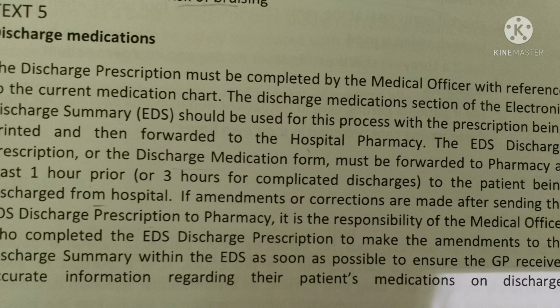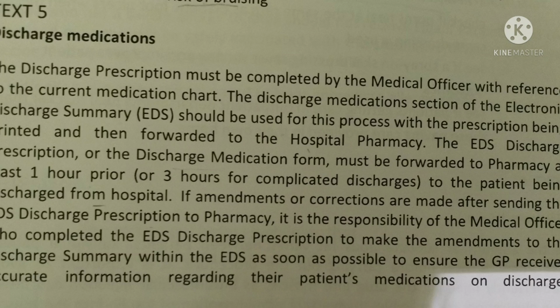Discharge medications. We have to see the heading first. The discharge prescription must be completed by the medical officer with reference to the current medication chart. The discharge medication section of the electronic discharge summary should be used for this process, with the prescription being printed and then forwarded to the hospital pharmacy.